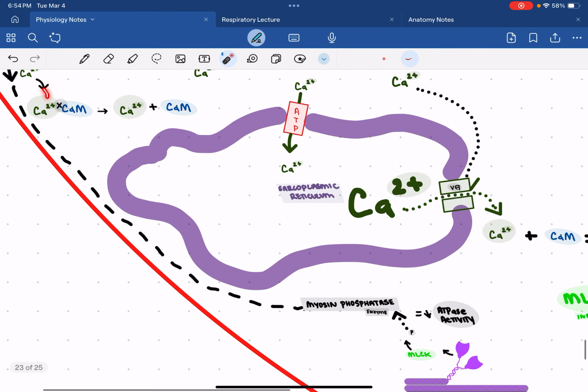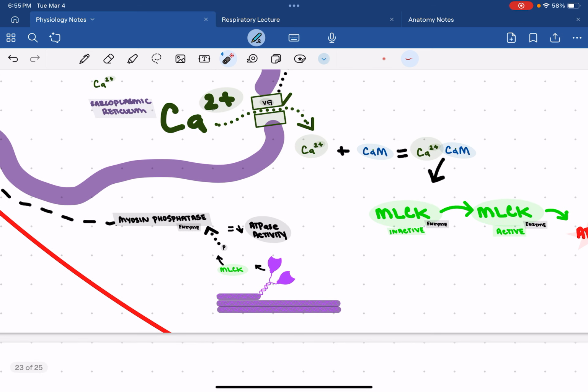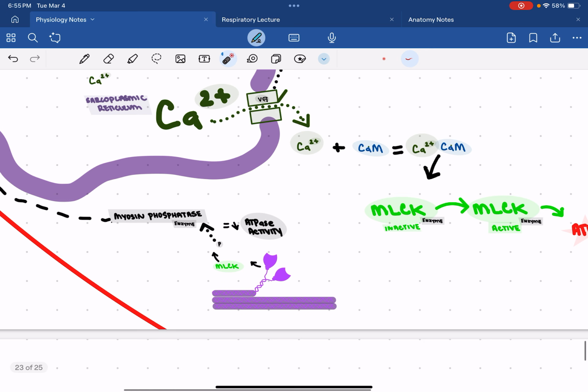So since they're separated, the low levels of calcium will trigger calcium and calmodulin to separate, because calcium is leaving the cell. We go all the way down here. That will trigger myosin phosphatase right here, which is another enzyme.